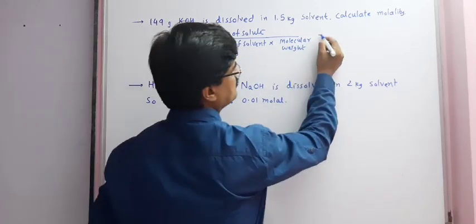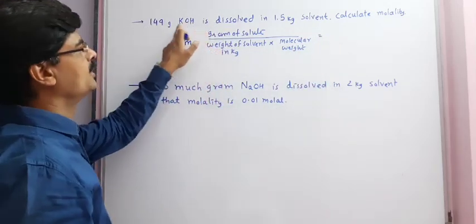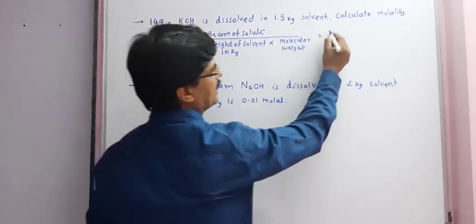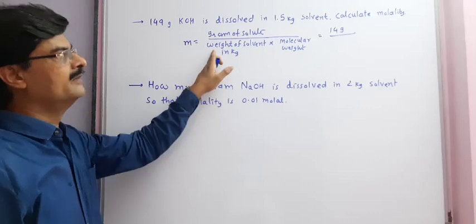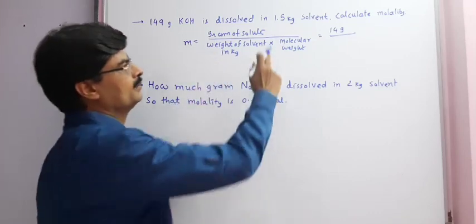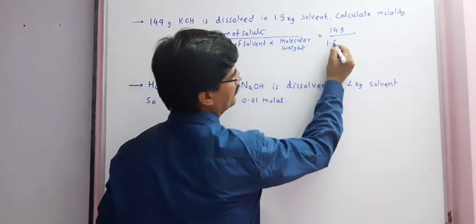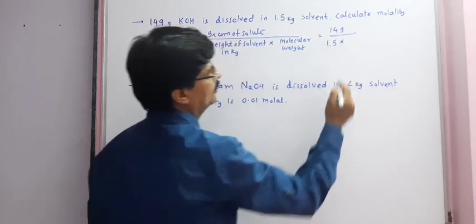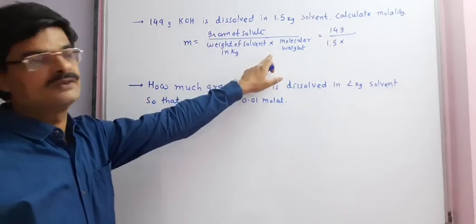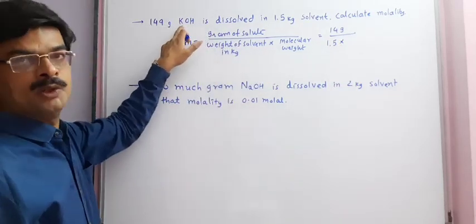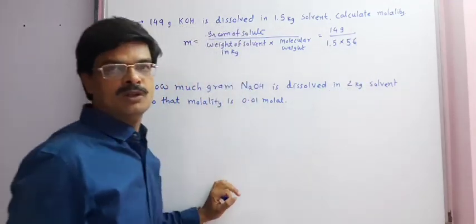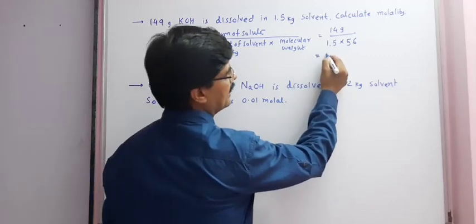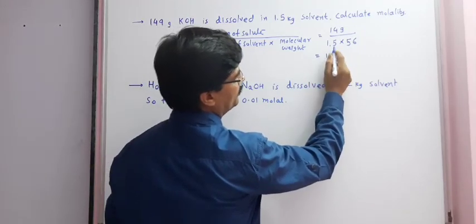Therefore, gram of solute KOH is given 149 gram divided by weight of solvent in kilogram, it is given 1.5 kilogram into molar mass or molecular weight of KOH is 56. On solving, we will get the answer approximately 1.77.